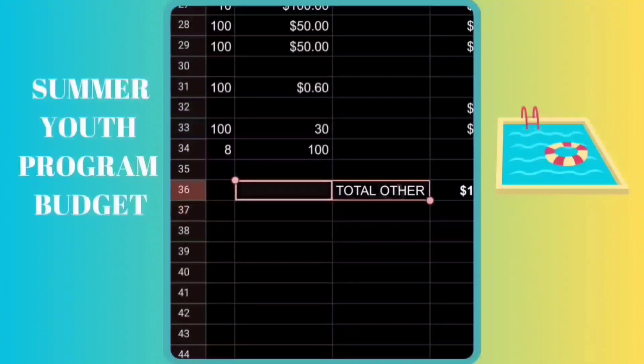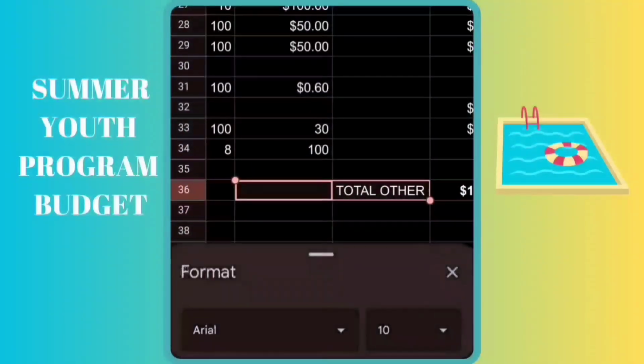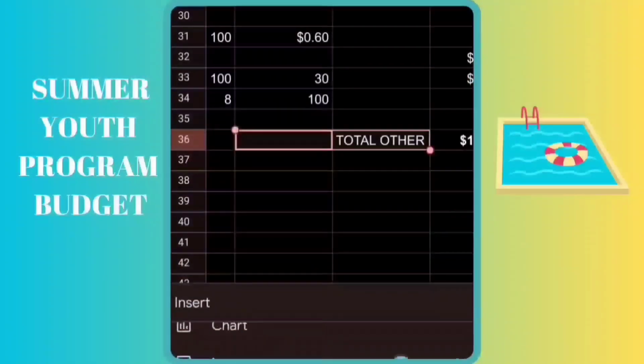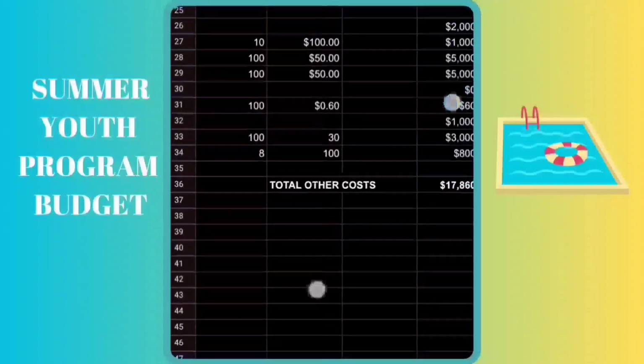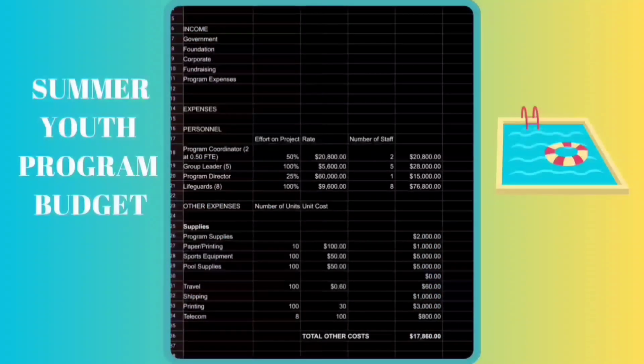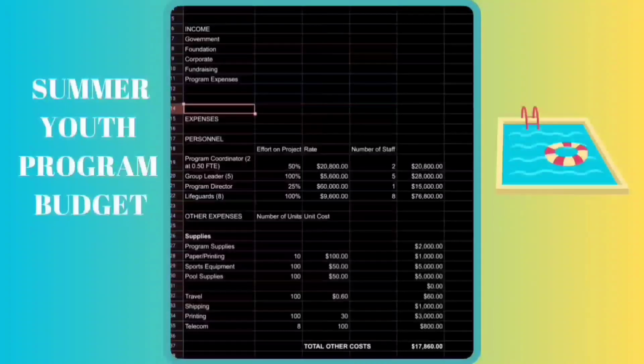I'm going to merge these two cells together. Sometimes it's hard to know where to find on your mobile phone, where to find certain functions like merging the cells. I'm going to look at program income now.